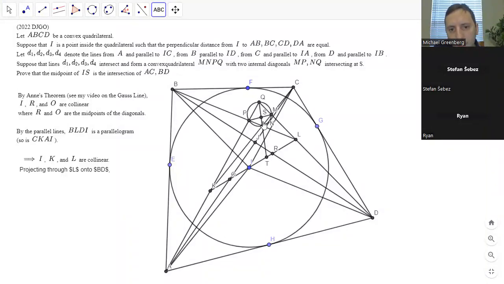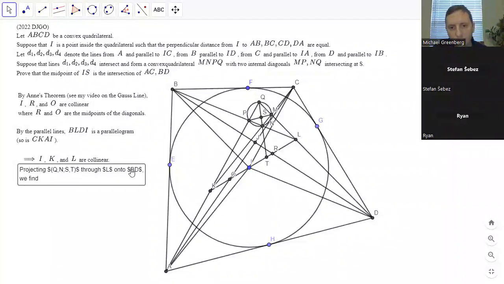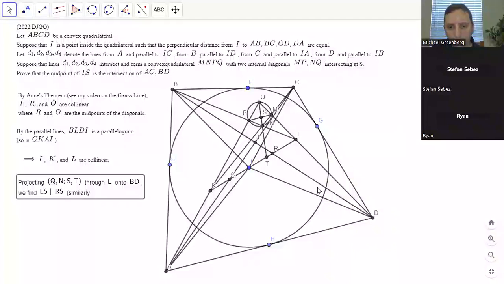We want to show LS is parallel to BD, so QNST, we find LS is parallel to RJ. Similarly, KS is parallel to OJ.